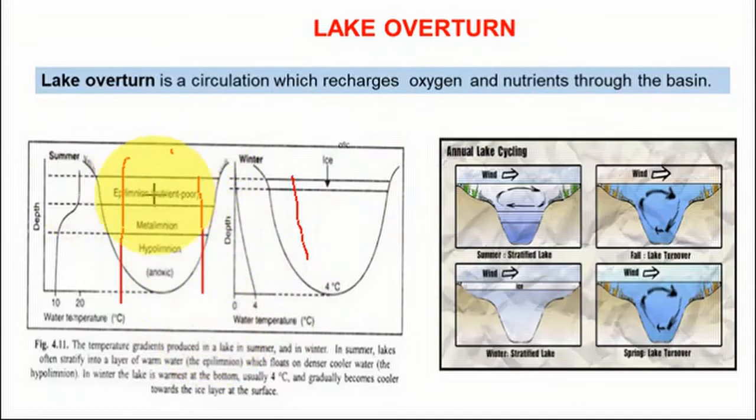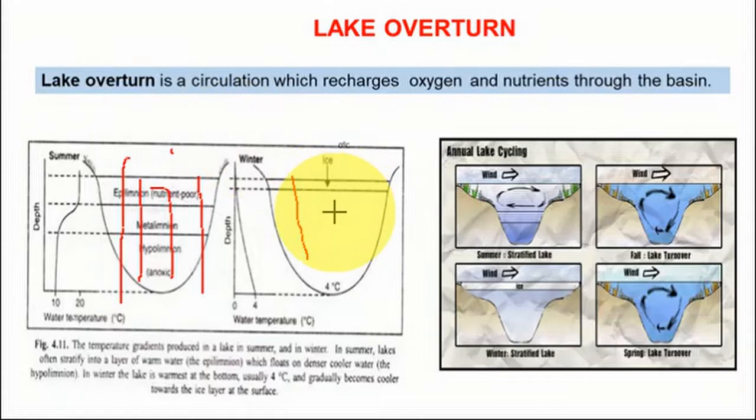There are three layers, and as we have discussed in the previous slides, during this stage where the layers are very distinct, the characteristics depending on light penetration, oxygen, and carbon dioxide are different across these layers. So the nutrients and oxygen levels are different in these different layers during summer.